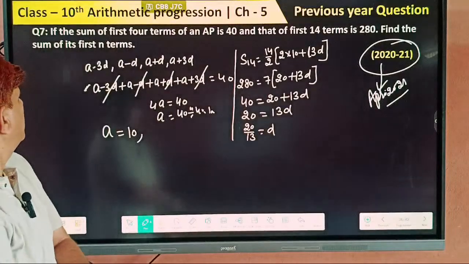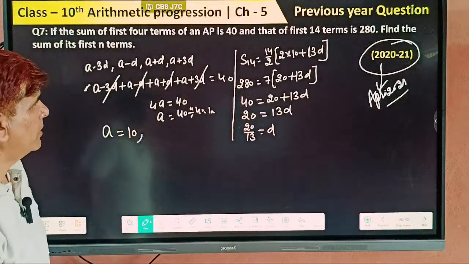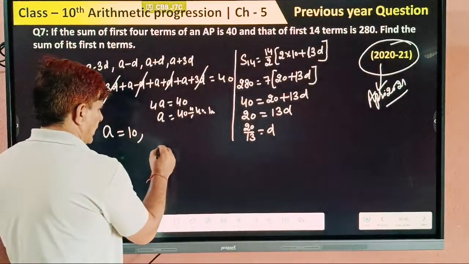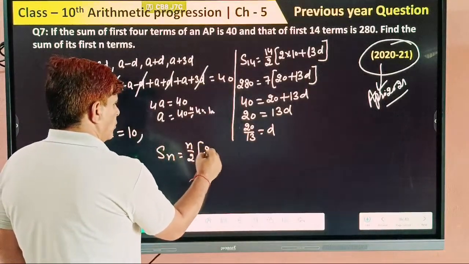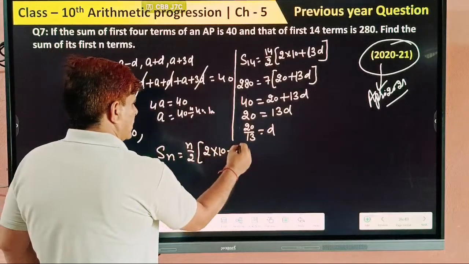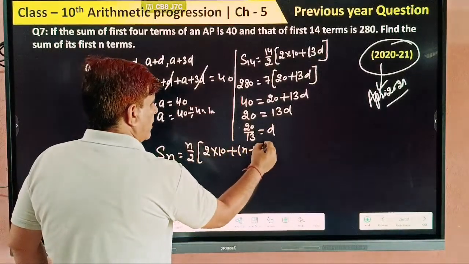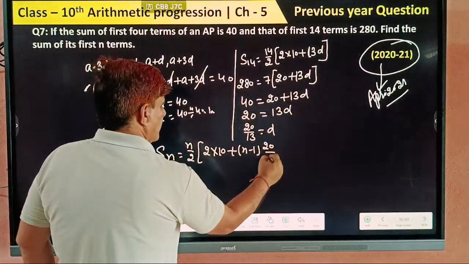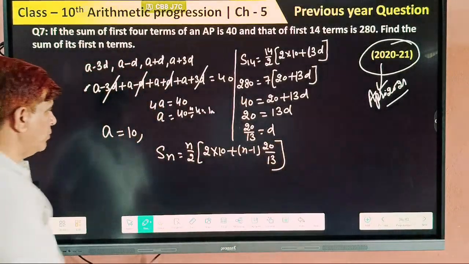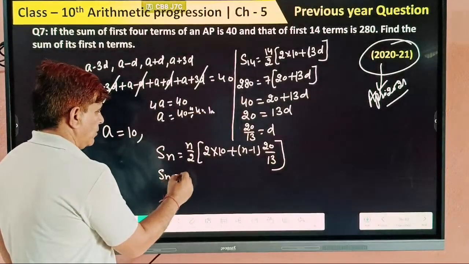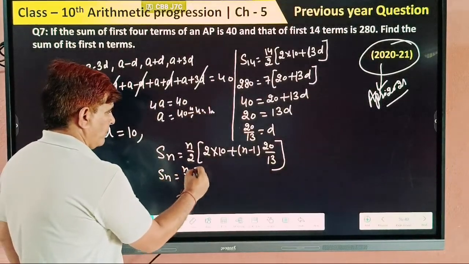Now find the sum of n terms. Sn equals n by 2 into 2a plus n minus 1 into d. Here 2a is 20 and the 2 cancels with n by 2.